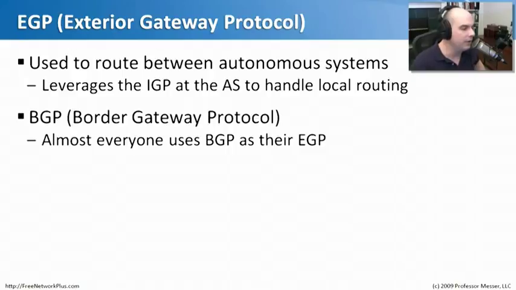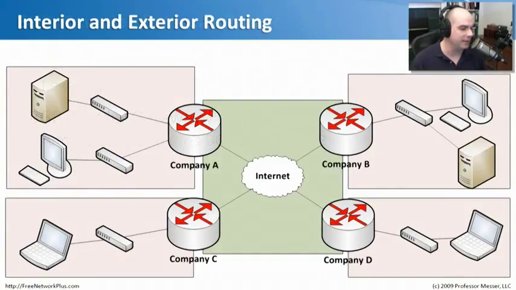Isn't that great? One good example of this is the default routing protocol for the internet called BGP. Almost everybody is using BGP as their EGP, which means I can do anything I want routing internally to my network. And I know I can talk to the internet because, facing outside of my network, of my AS, my autonomous system, I'm using BGP to talk to everybody else that's out there.